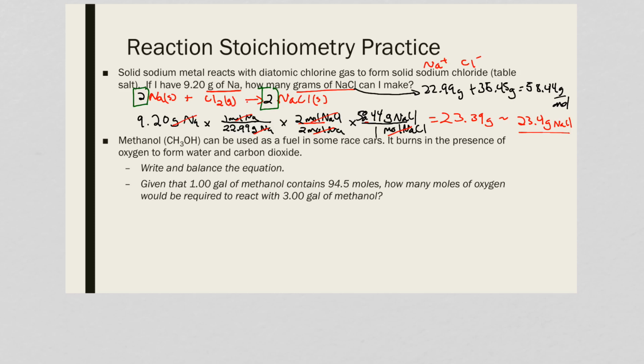Okay, so one last problem here. So I have this reaction of methanol. It burns in the presence of oxygen, so methanol reacting with oxygen to form water and carbon dioxide. So another one of these combustion reactions. So let's write it out.